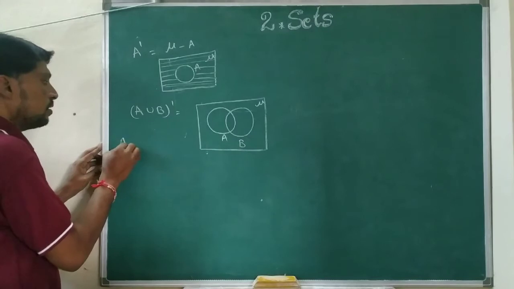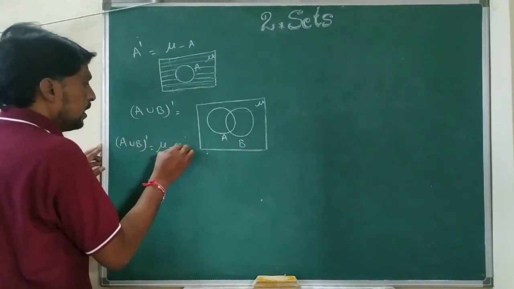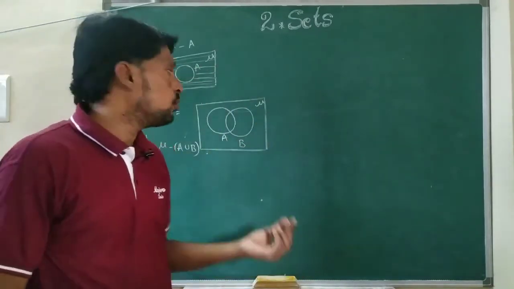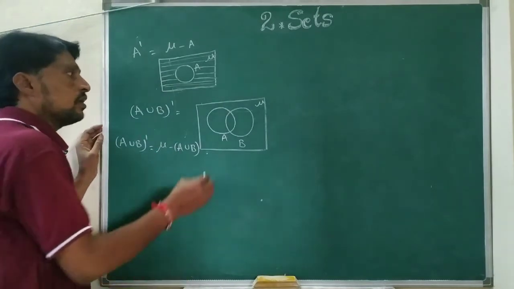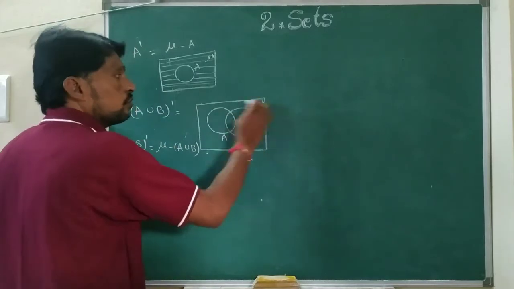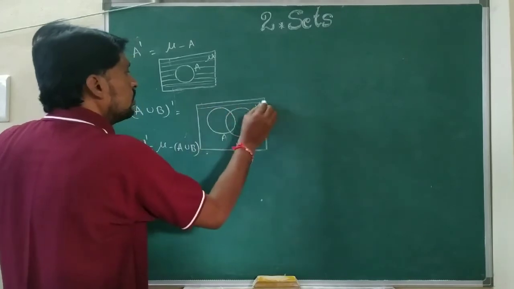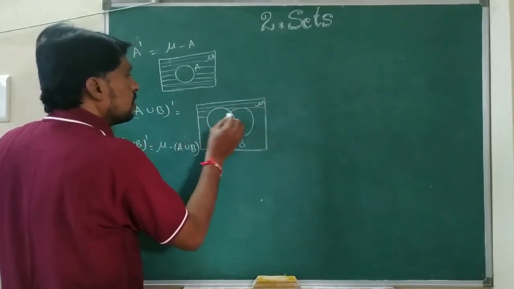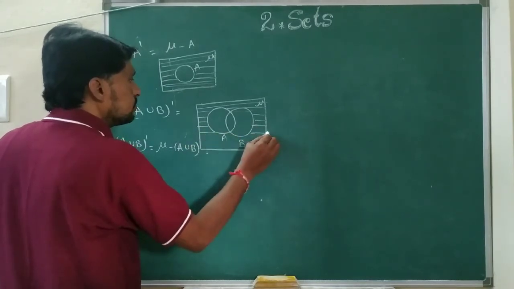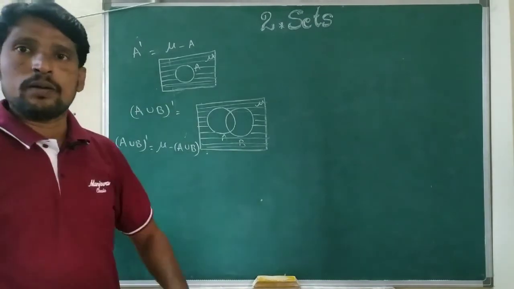The formula is A union B whole complement equals mu minus A union B. Mu means the universal set. From it we need to subtract A union B. This is the total mu, the universal set. Subtracting A union B, we get this, which is A union B whole complement.